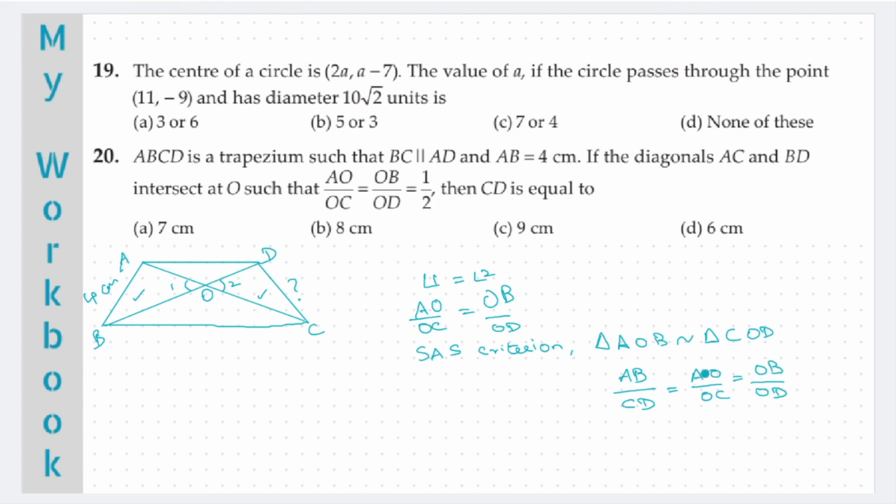In the question, it's given that AO by OC and OB by OD are equal to half. Hence, AB by CD will also be equal to half. AB is 4, so CD will be 2 into AB, which is 2 times 4, 8 centimeter. So option B, 8 centimeter is the correct answer.